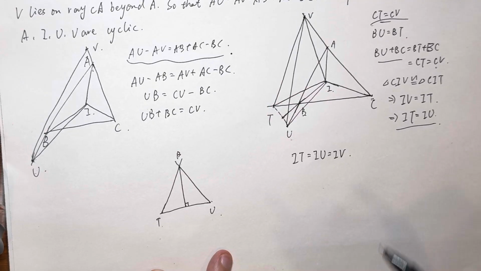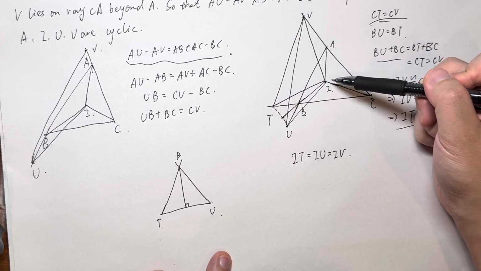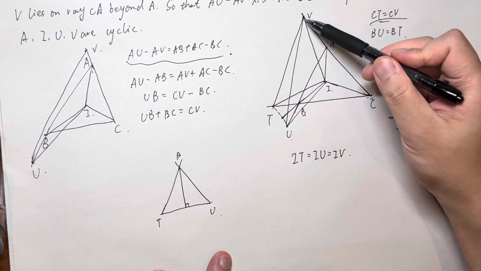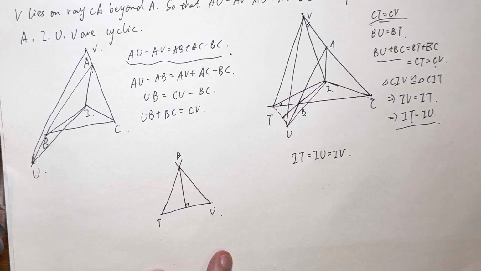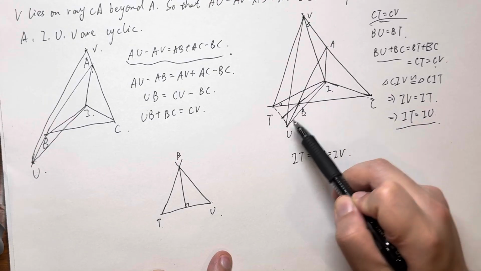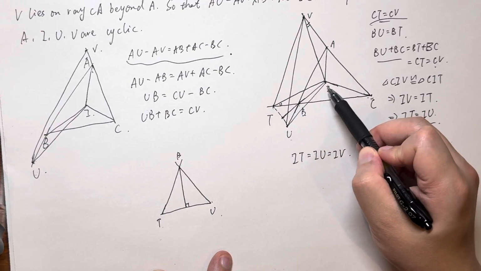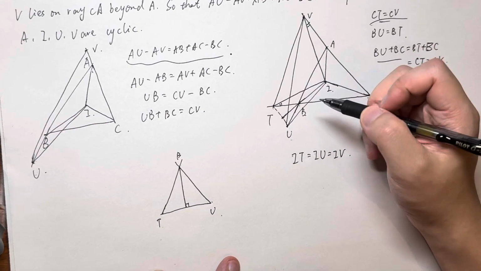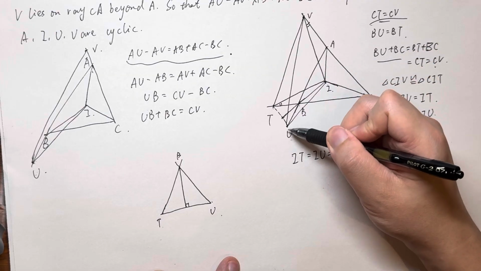Okay, so look at what we have here. We already know that triangle ITC is congruent to triangle IVC, which means this angle equals this angle, right? And we know that B and I are on the perpendicular bisector of the segment TU. So we know that angle BTI equals angle BUI.